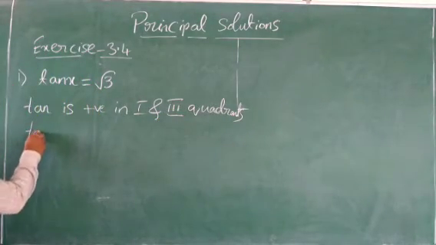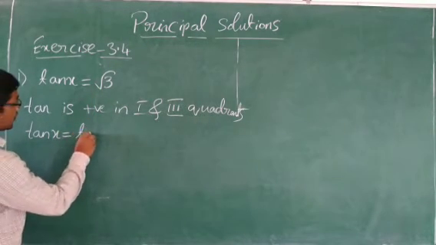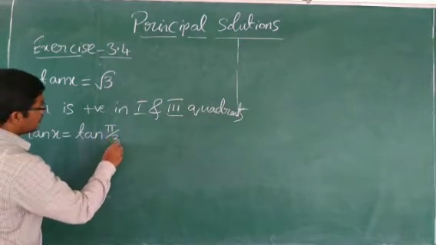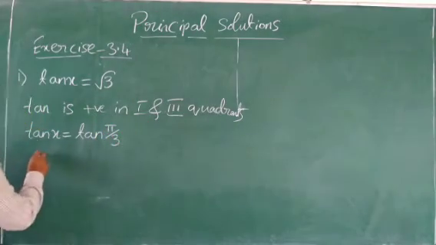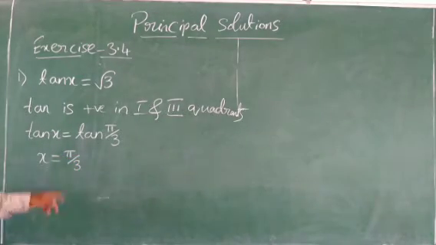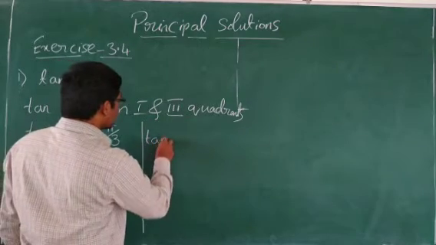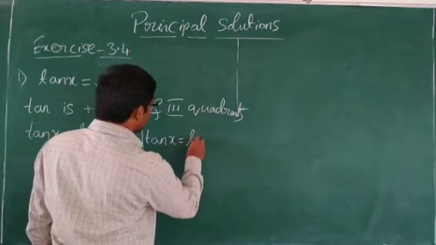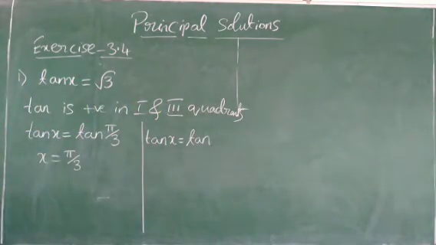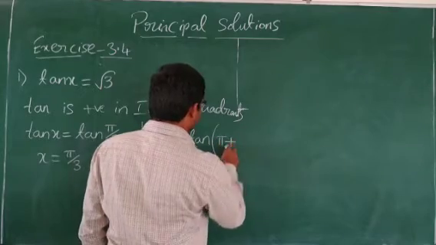So we can write tan x is equal to root 3. For what angle do we get root 3? Tan pi by 3. So x is equal to pi by 3. This is in the first quadrant. Or we can get it in the third quadrant: tan x is equal to tan of, how do we get an angle in the third quadrant? In the third quadrant we can take pi plus.